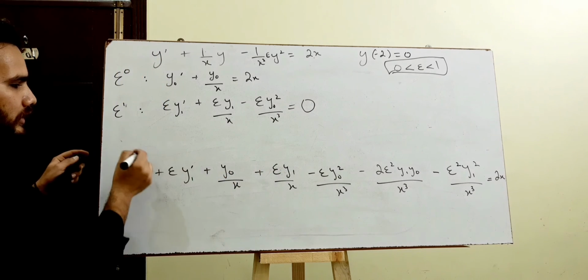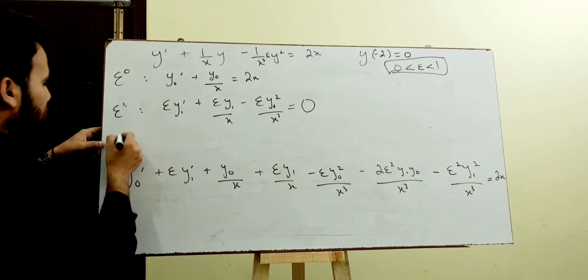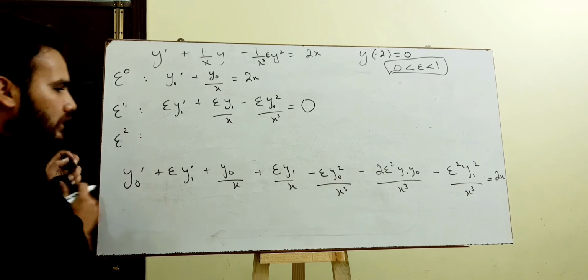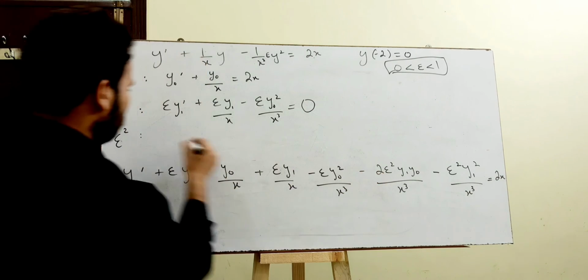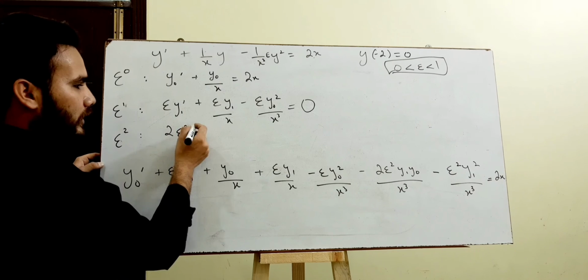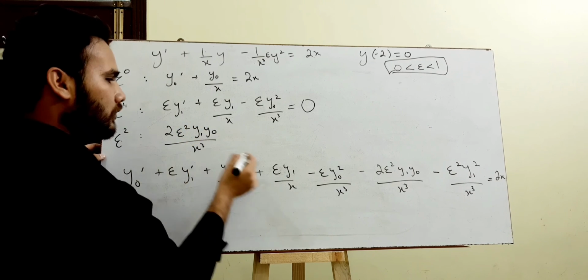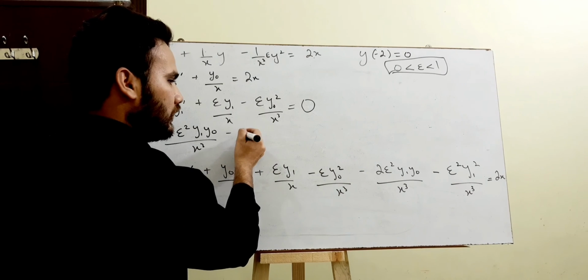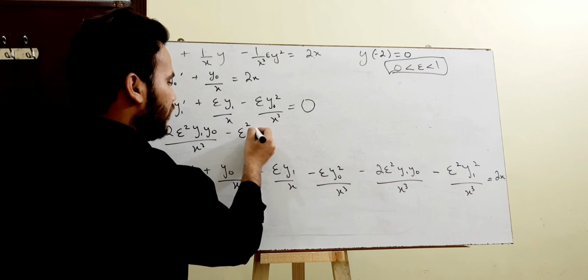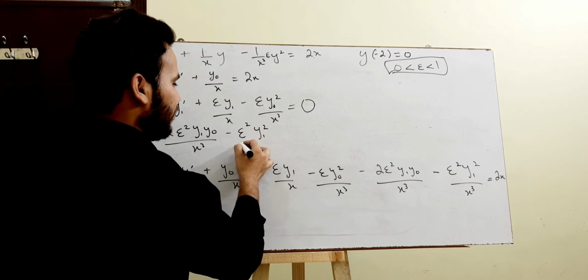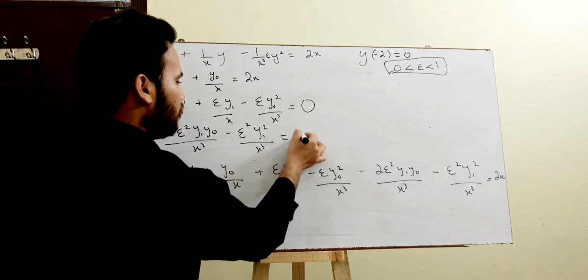And for the epsilon square order, the equation is 2 epsilon square y1 y naught over x cube minus epsilon square y1 square over x cube equals 0.